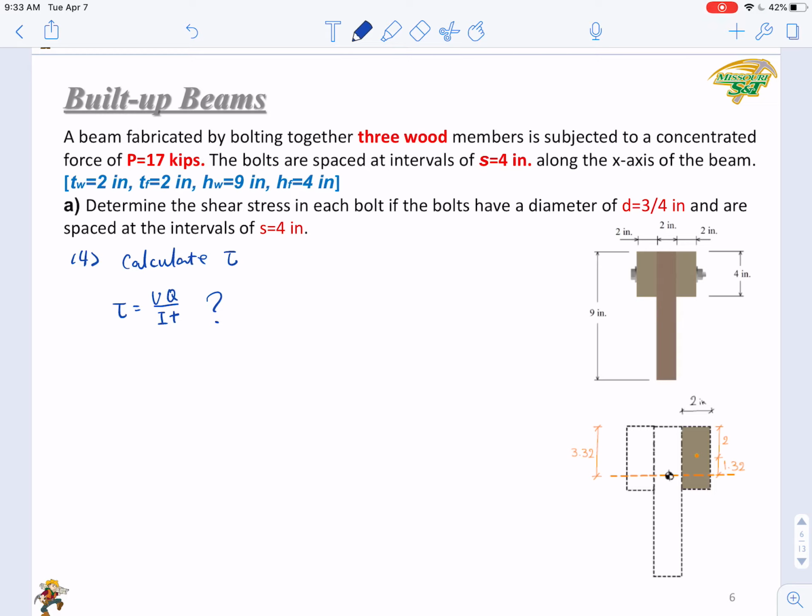But now we have only bolts connection, right? We have only bolts to connect these two pieces. It's not a perfectly, entirely bonded interface, right? So we can't use this equation because it's not a perfect and entire interfacial bonding.